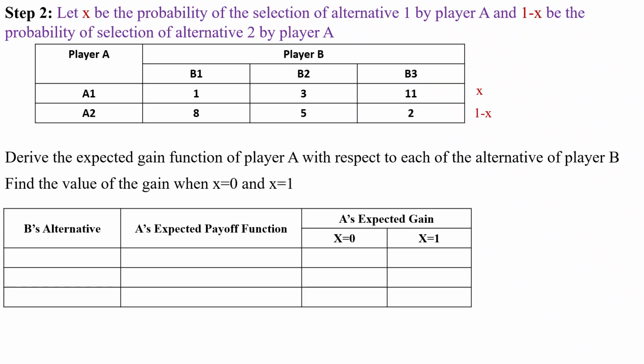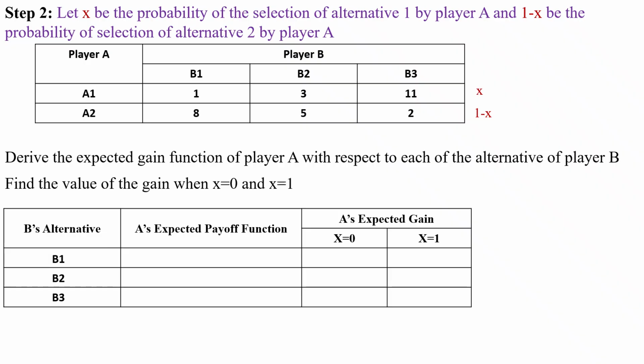So let's see the first column, B's alternative. B has 3 strategies, so 3 alternatives, that is B1, B2, B3. Write down these 3 alternatives of player B. Next column is A's expected payoff function.